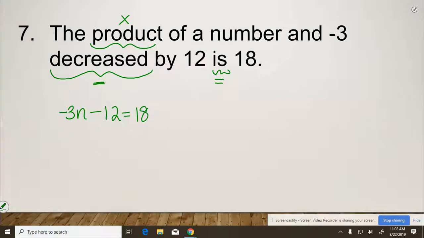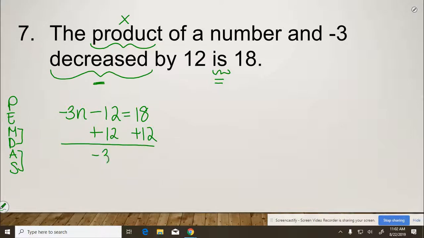So remember, we want to use our order of operations backwards here, PEMDAS, but we're focusing on the multiplication, division, addition, and subtraction. First we see if there's any number being added or subtracted, a constant number. In this case, it's negative 12. So we're going to add 12 to both sides.